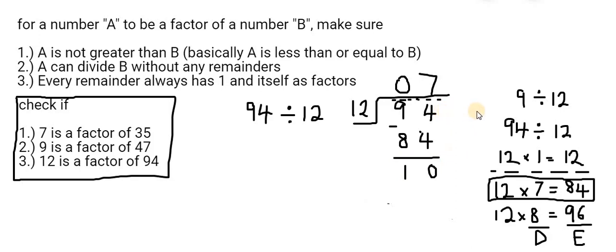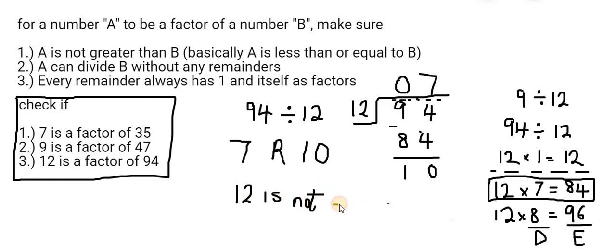There are no other numbers there, so we've finished. So what we have with 94 divided by 12 is 7, with a remainder of 10. So 12 is not a factor of 94.